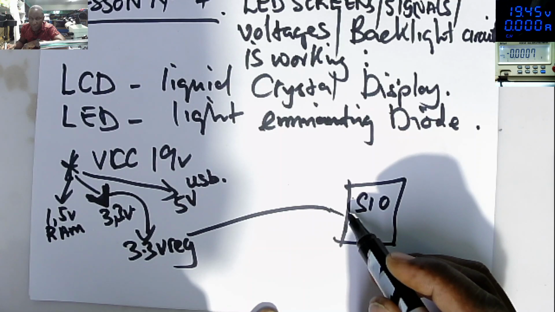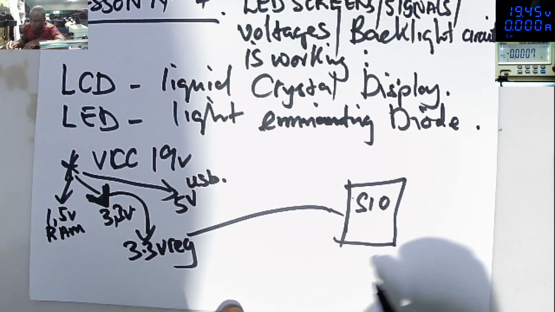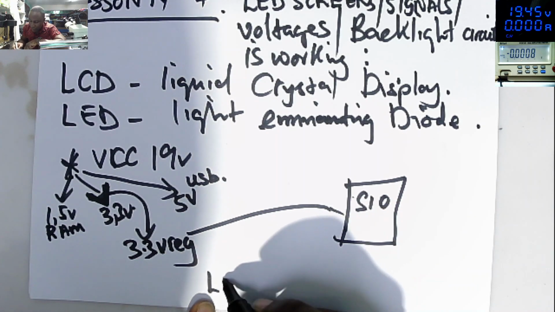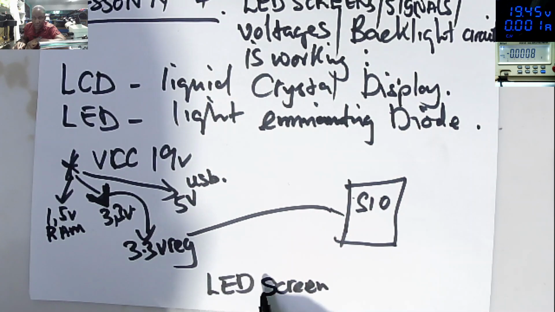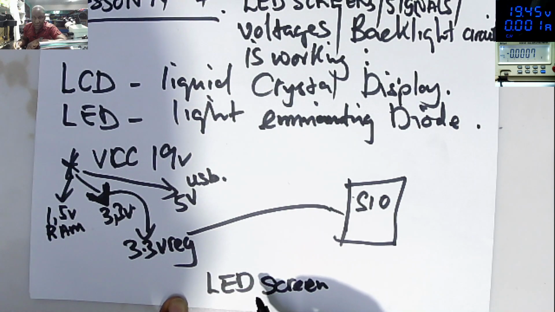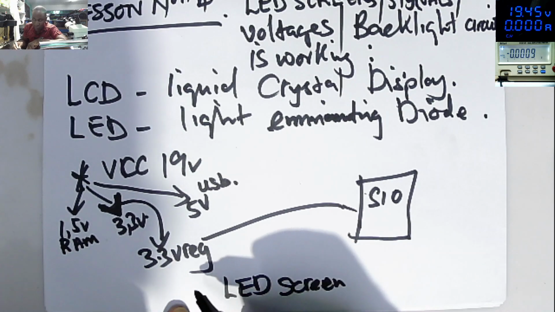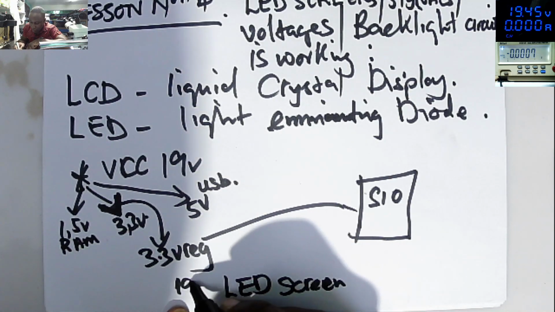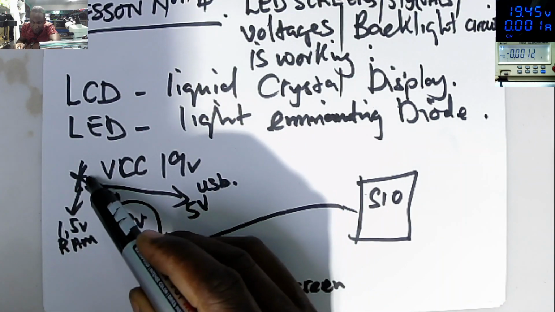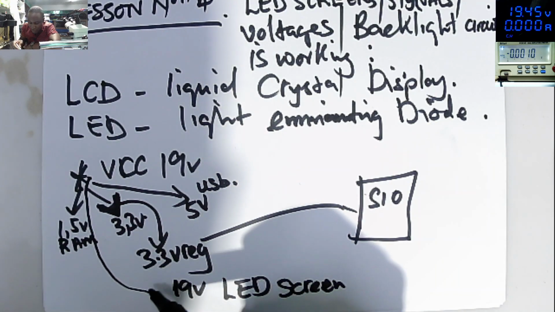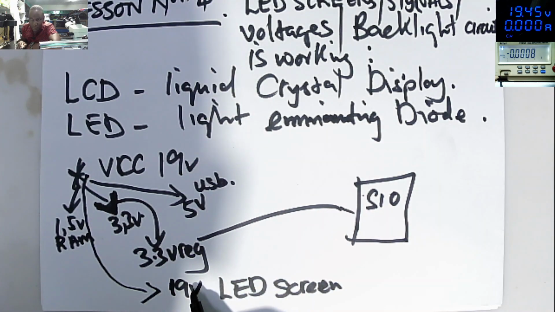So what happens there? On the screen side, here we have the LED screen. On the screen side, we have 19 volts. This 19 volts is coming from the VCC. From this VCC it goes straight to the screen to light up the screen.